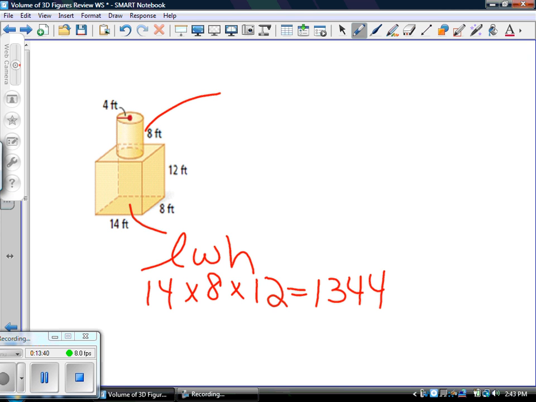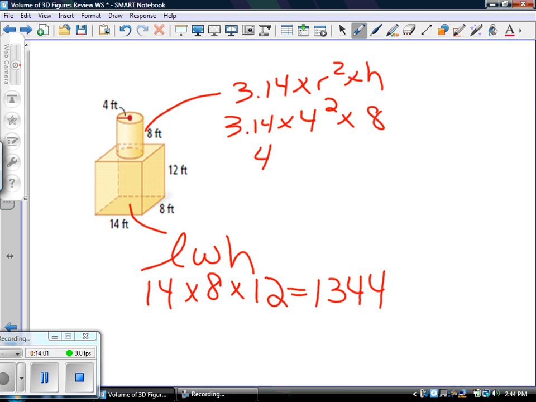And then our cylinder formula is just 3.14 times the radius squared times the height. We can see when we look at it that we are given the radius, which is 4, we are given the height as 8, and so it's just a matter of plugging in. And in that case, if I was to solve that, I should end up with 401.92.